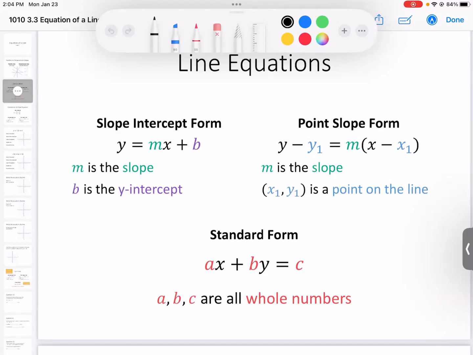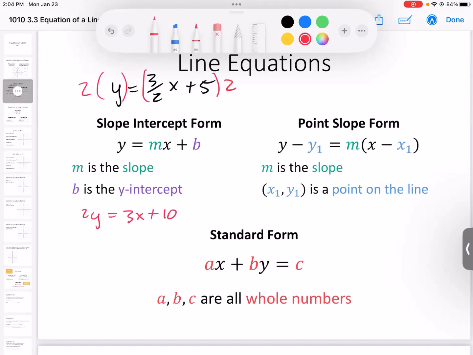For example, you might have an equation like y equals 3/2 x plus 5. If you were asked to put the equation of that line into standard form, then you would multiply everything by 2 because you can't have fractions in standard form. So you would get 2y equals 3x plus 10.